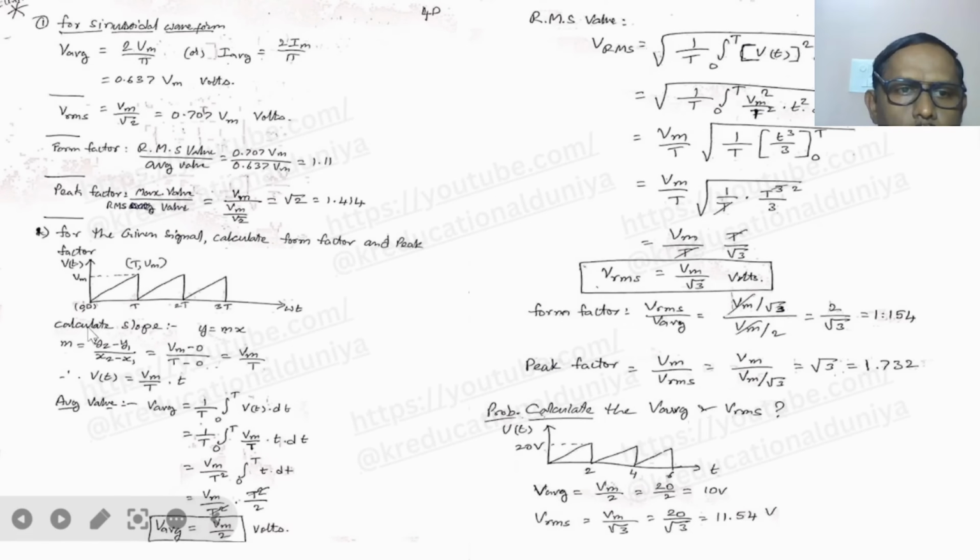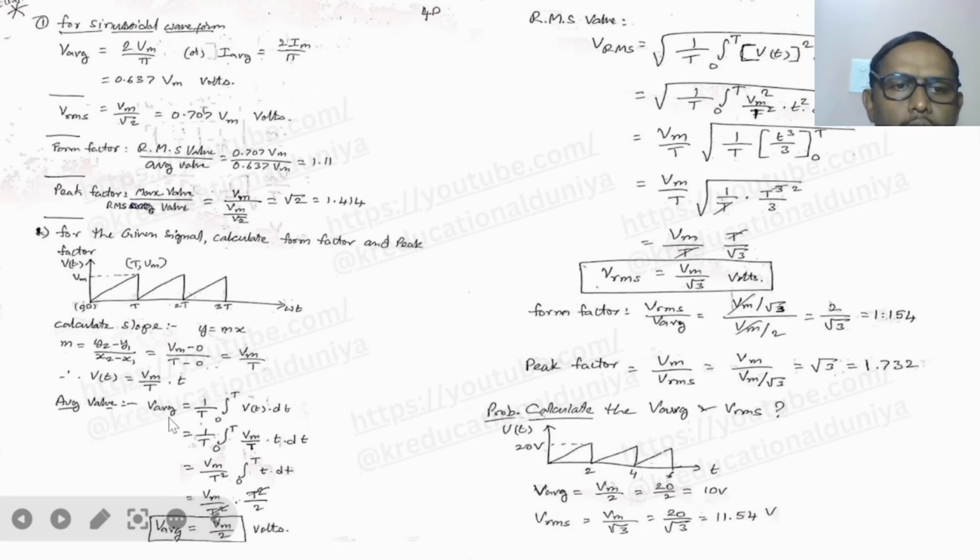Origin coordinates are x1, y1, and these coordinates T and Vm are x2, y2. So y2 minus y1, Vm minus 0, by x2 minus x1, T minus 0, equal to Vm by T.